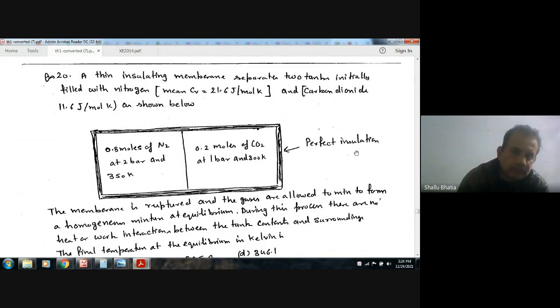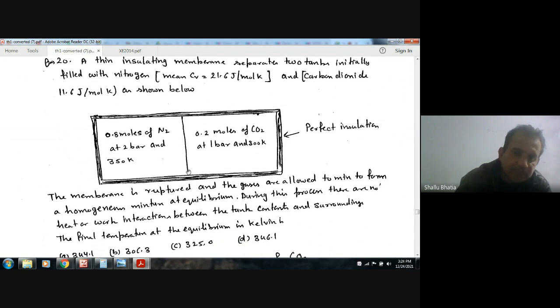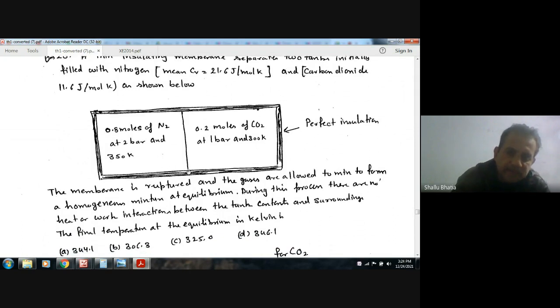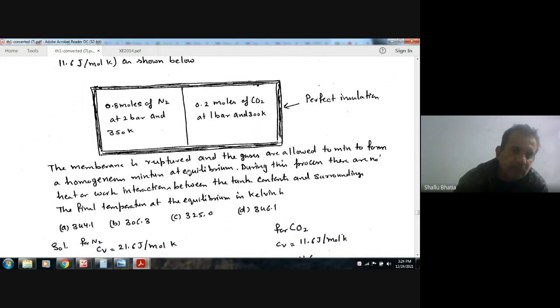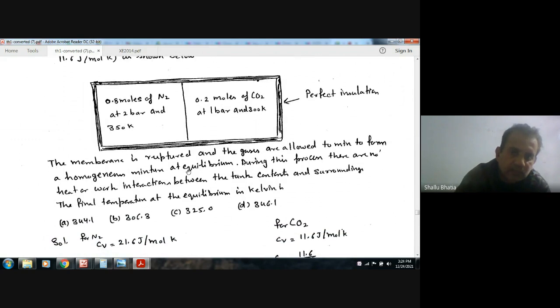One tank is carrying 0.8 moles of N2 at 2 bar, and the other is carrying 0.2 moles of CO2 at 1 bar and 350 K, perfectly separated by a membrane. The membrane is ruptured and the gases are allowed to mix to form a homogeneous mixture at equilibrium. During the process, there is no heat or work interaction between the tanks and the surroundings.